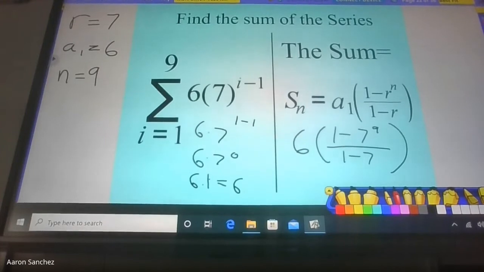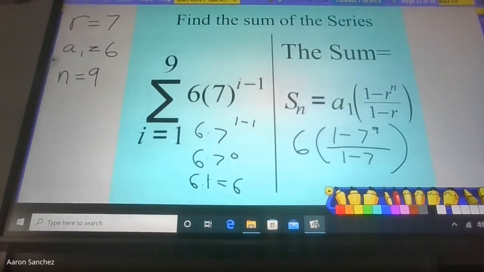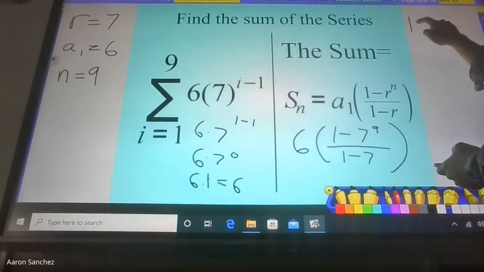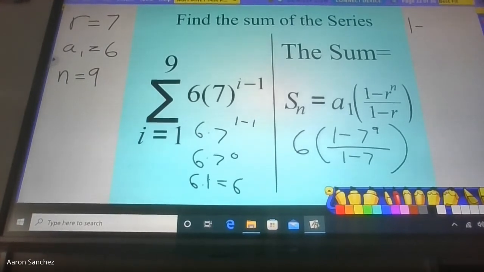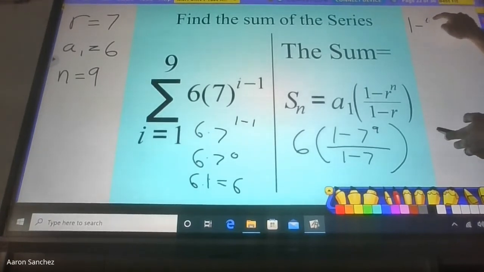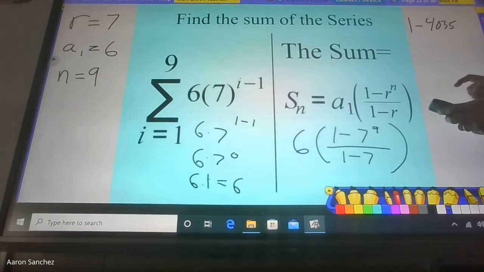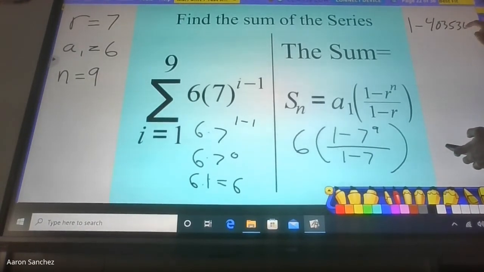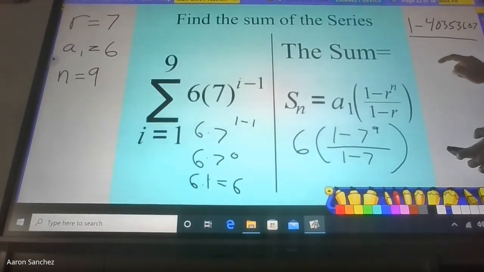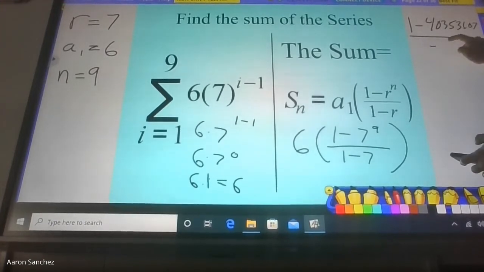7 to the 9th equals. So I get 1 minus 40,353,607, all over 1 minus 7, which is negative 6.